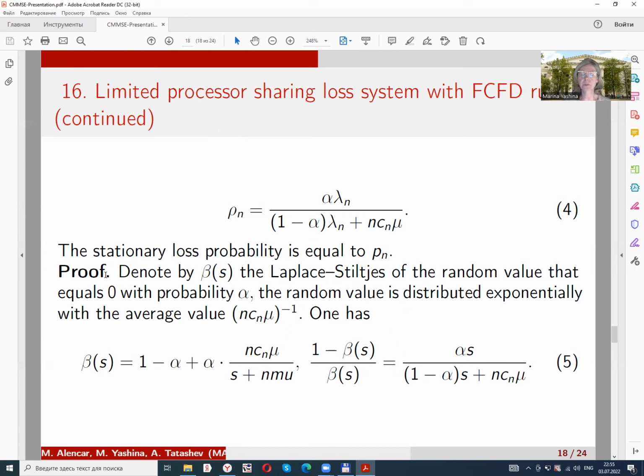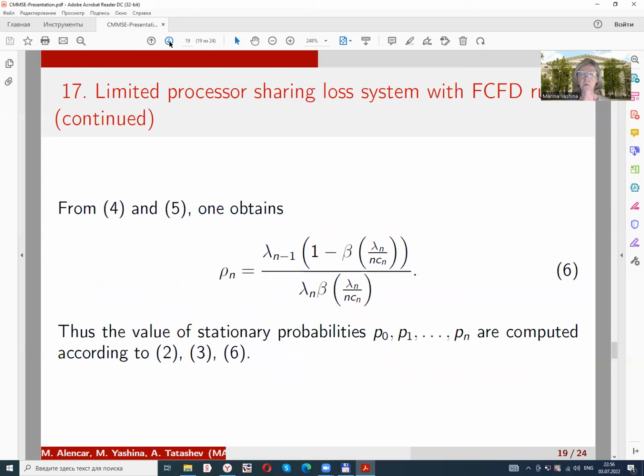In the proof of this theorem, we use the Laplace transform, and we find the stationary probabilities.